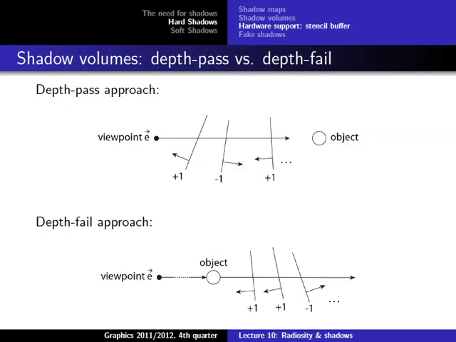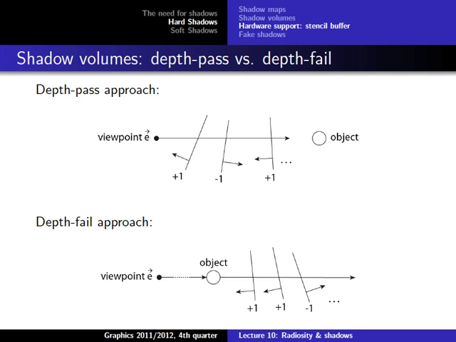If you think about what we did so far, we looked from the viewpoint towards the object, and then we increased the counter when we entered the shadow volume and decreased it when we exited the shadow volume. And then we knew at the object if we entered more shadow volumes than we exited, and that way we knew if it is in the shadow or not. But that works also if we do it on the other side.